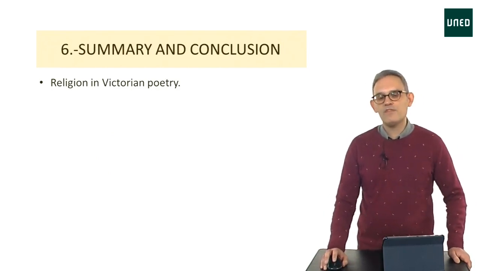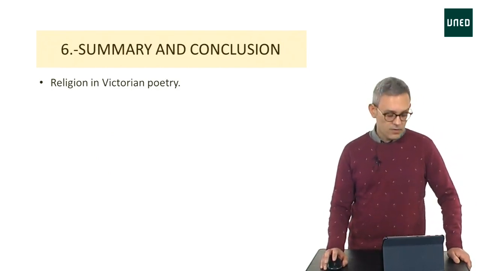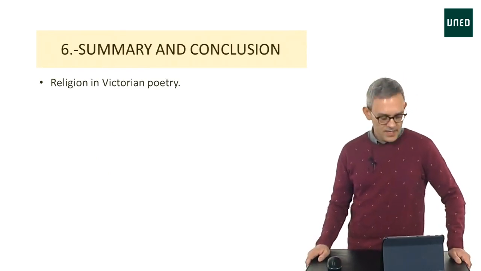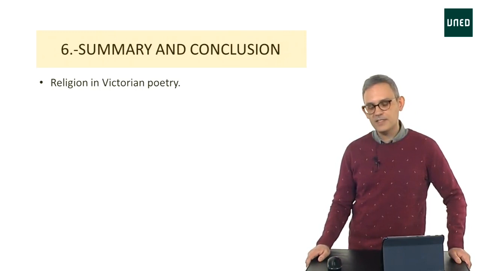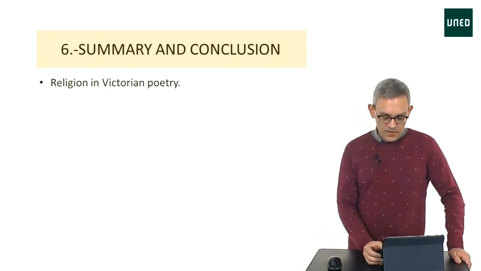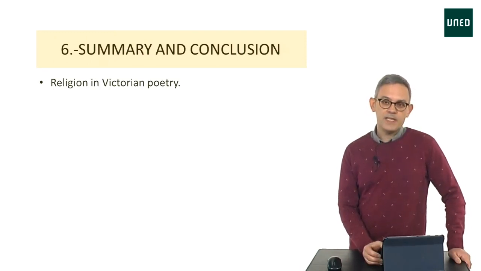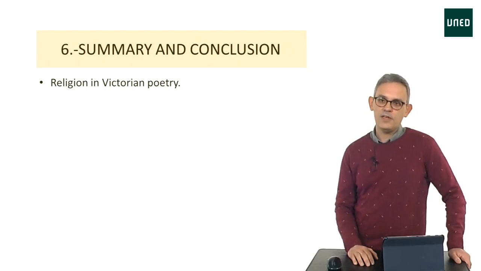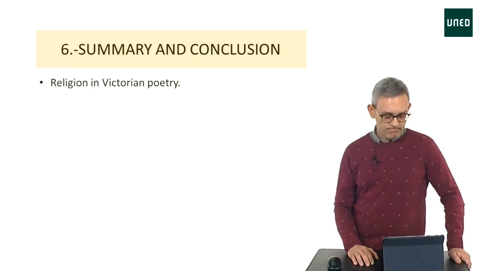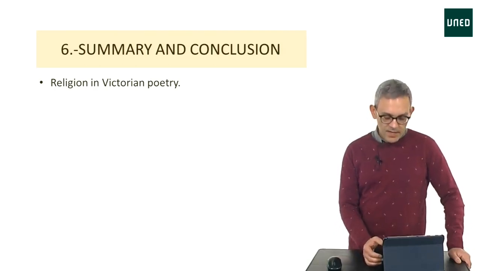And finally, we come to our conclusion. There is an aspect which we haven't discussed at length, and that is religion, and I have included it here. Religion was a key element of Victorian poetry. It is very present, for example, in the poems of Christina Rossetti, who was a very devout Christian.